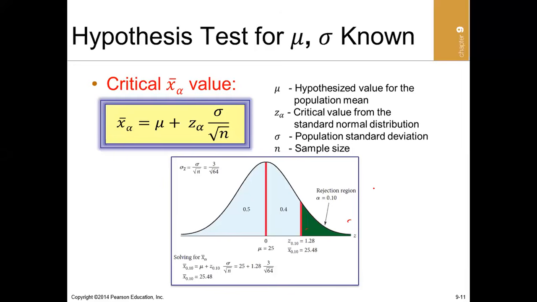Now, as I said, when it comes to critical value computation, it must be straightforward for you. So the critical value or the z-value is the figure minus the hypothesized figure, all over standard error.